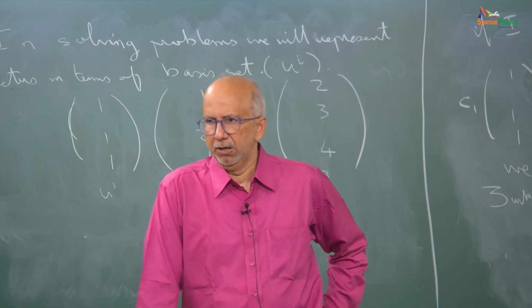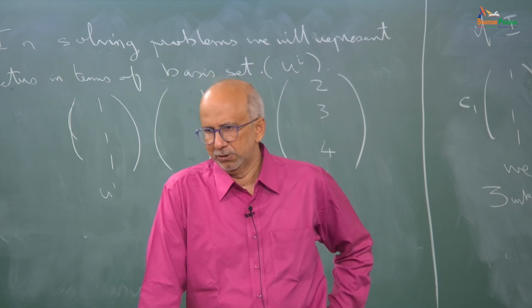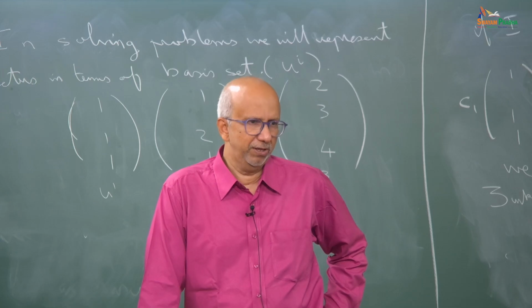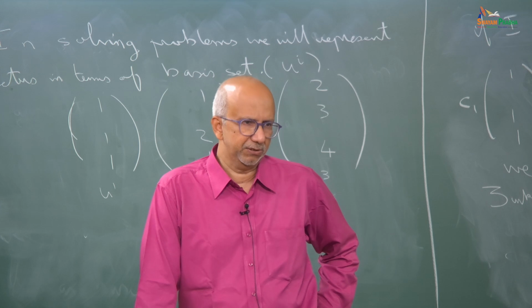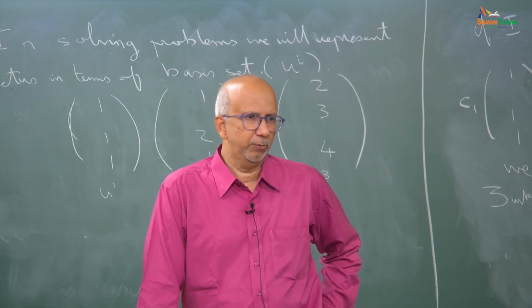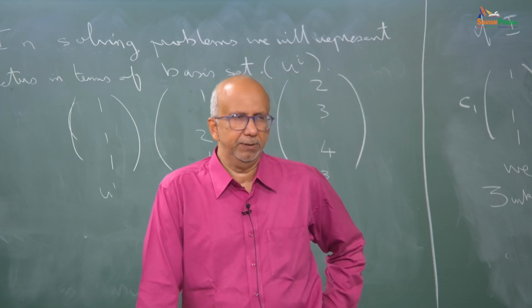If it is 2 equations you can do it, 3 equations you can do it, maybe 10 equations you can do it, but as the dimension of the space Rn increases, you have to solve that many more equations. So, is there a more efficient way of doing it?